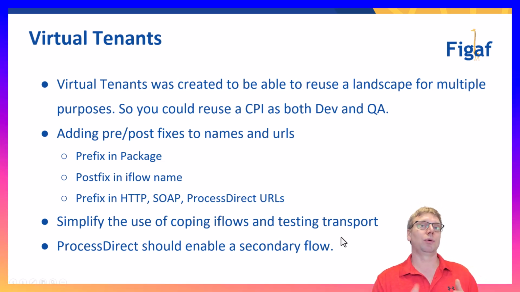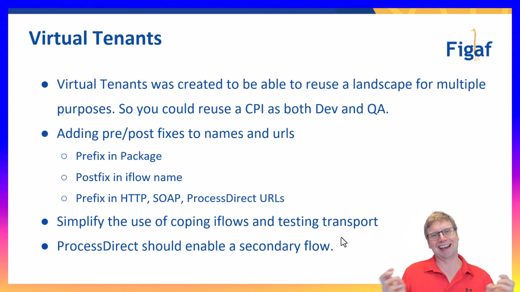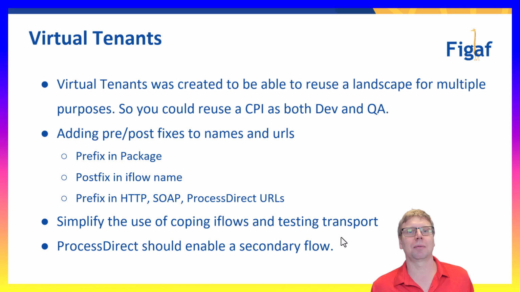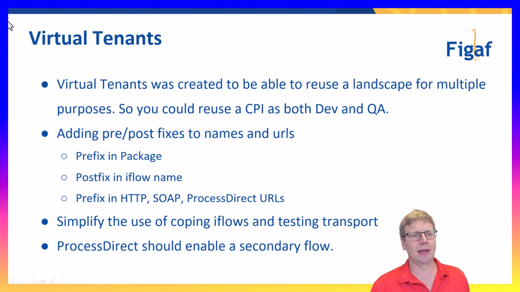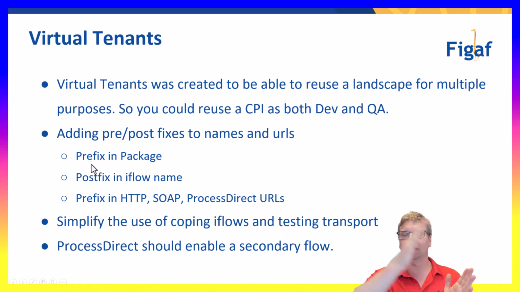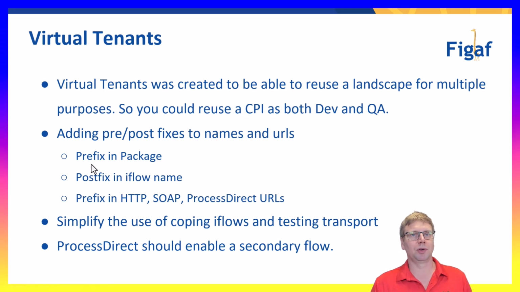So that means we would have a fully functioning ProcessDirect internal processing. Ideally, there could obviously be some things that we are missing for this, but in general it should work. And that means if you're moving it into the QA, we'll add this postfix, and then once you move it from QA to production, it will be added or removed.